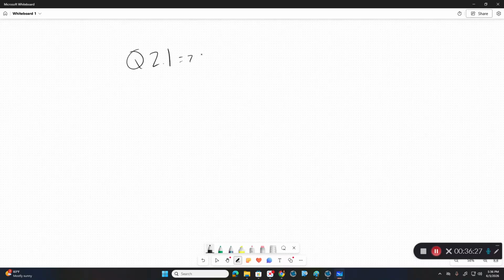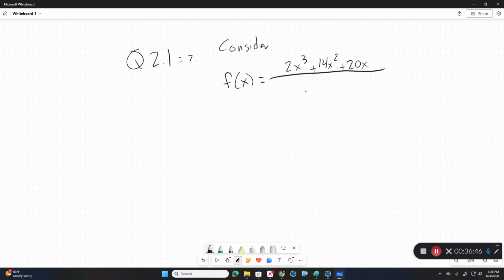Consider f of x equals 2x cubed plus 14x squared plus 20x, divided by x cubed plus 5x squared. And it wants us to find the limit as x approaches infinity and the limit as x approaches negative infinity.